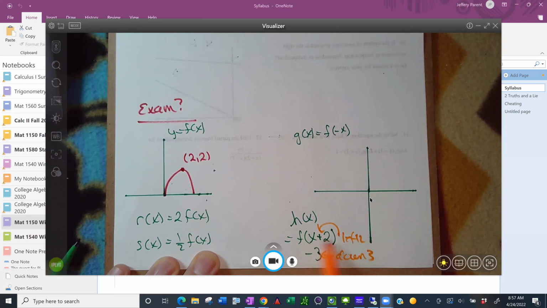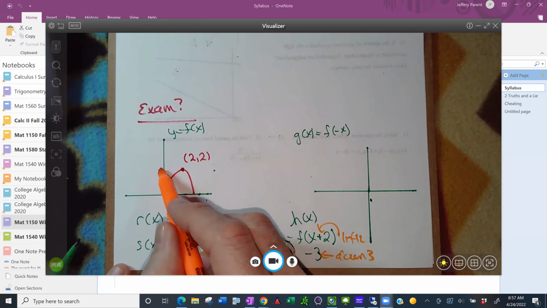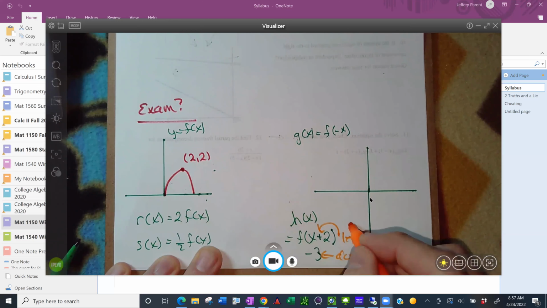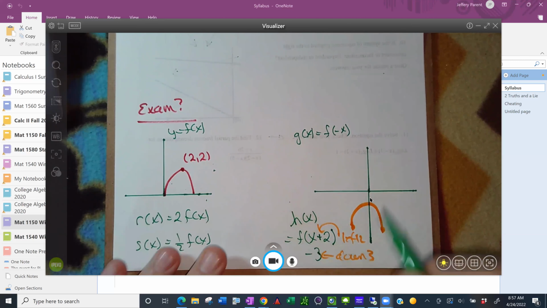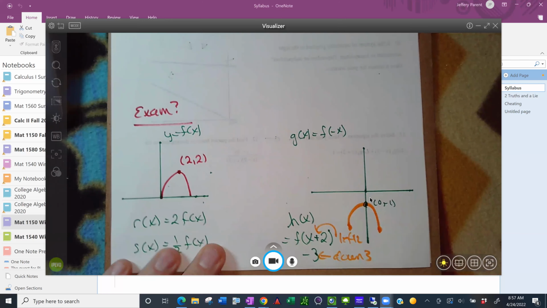Remember, your horizontal shift takes place opposite of what the sign seems to indicate. Instead of 2 to the right, it's shifting 2 to the left and then down 3. So this point at 2, 2 would shift to the left 2 and down 3. This point would be at 0, negative 1.